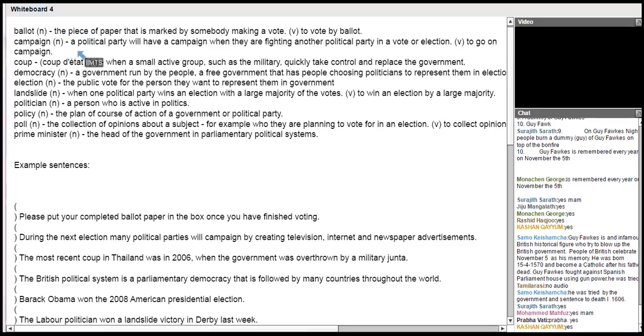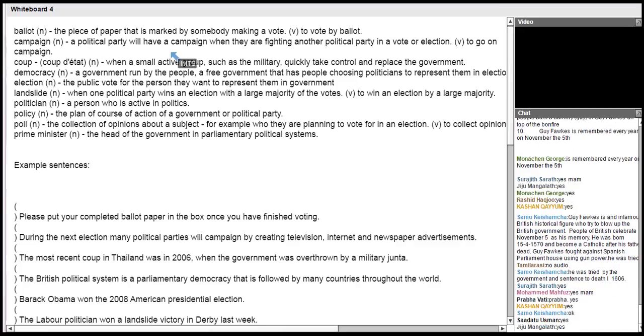Alright. Campaign. The political party will have a campaign when they are fighting another political party in a vote or election. Fine? This is pronounced as coup. KU. This is how it is pronounced. Now what is coup?